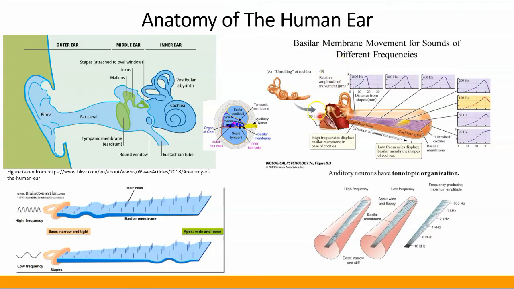The basilar membrane is a structural element located within the cochlea. The basilar membrane is the most sensitive to sound waves and determines the characteristic frequency of sound waves. Different frequencies of sound waves respond selectively at different parts of the cochlea.